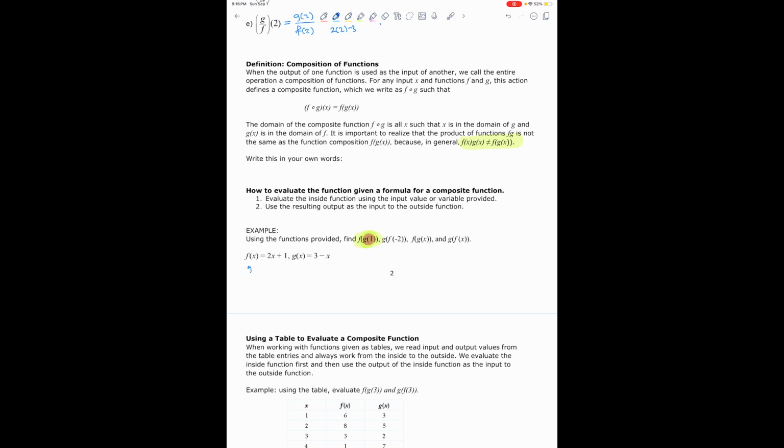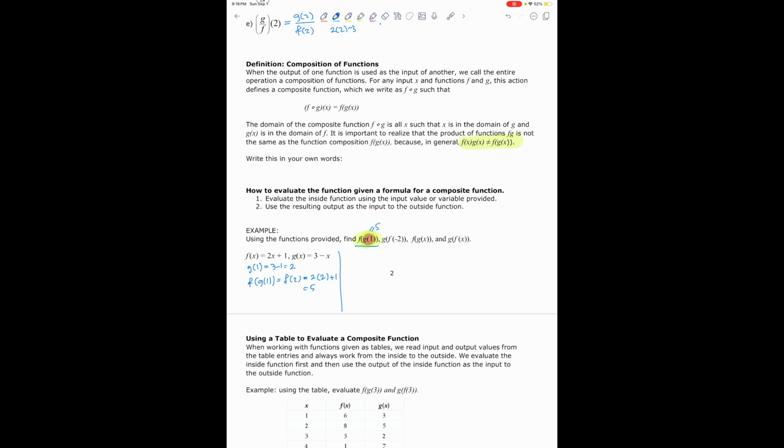So g of 1 is basically 3 minus 1 equals 2. And then f of g of 1 is basically f of 2, because we found g of 1. So now f of 2 is basically 2 times 2 plus 1, which is equal to 5. So this answer is equal to 5.